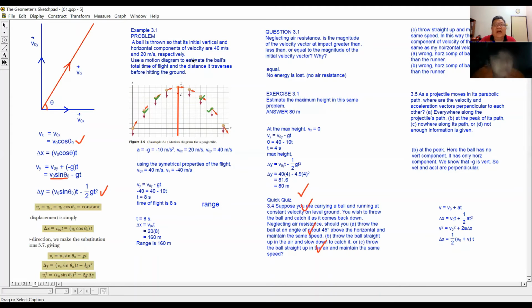The initial velocity, the horizontal one, is 20 meters per second. The initial velocity, the vertical component, is 40 meters per second.